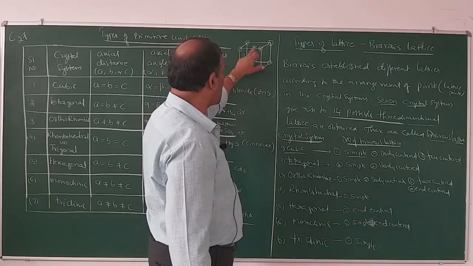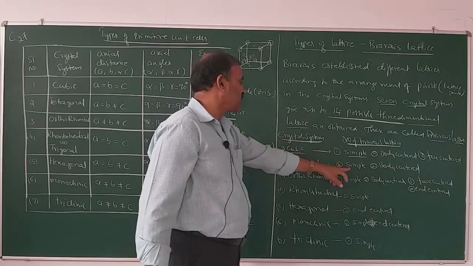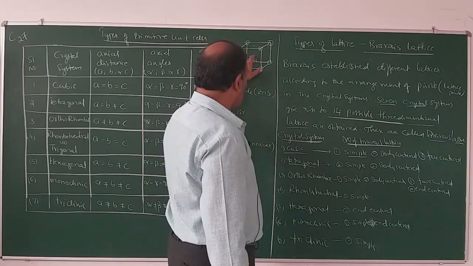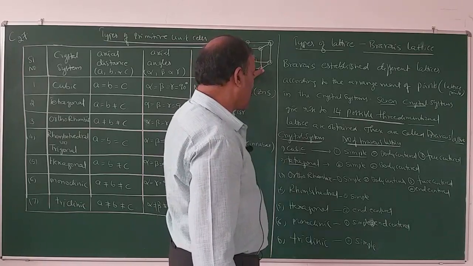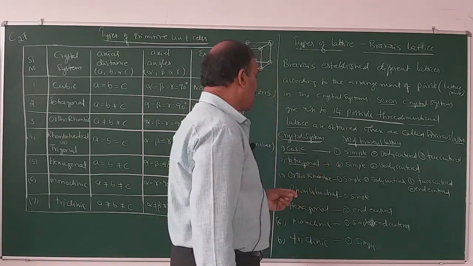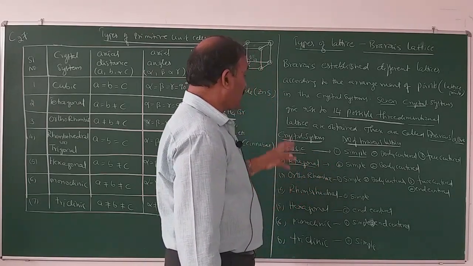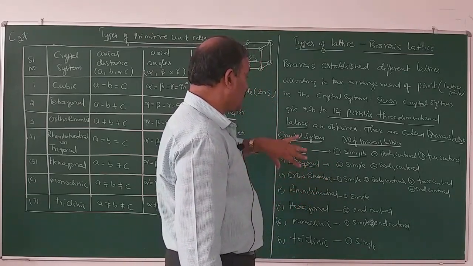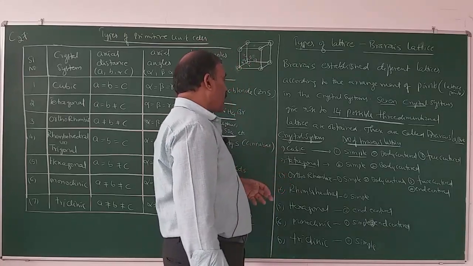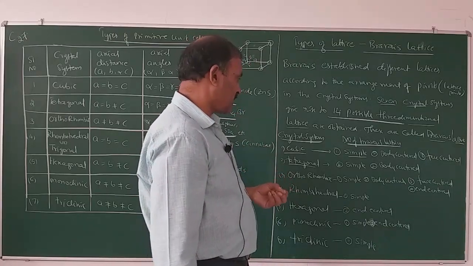Simple, if particles are present only at the corners, and if there is another particle at the center of the body, it is called body centered. So like that, depending upon the arrangement of particles in various crystals, we will have different types of lattices.